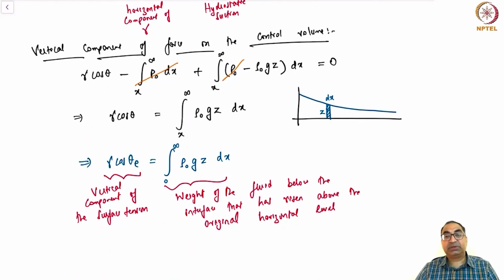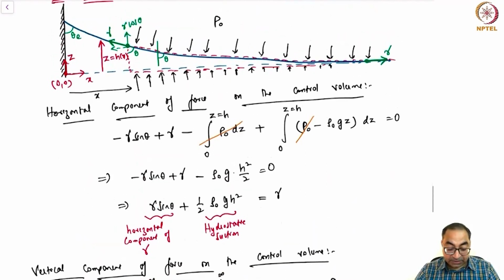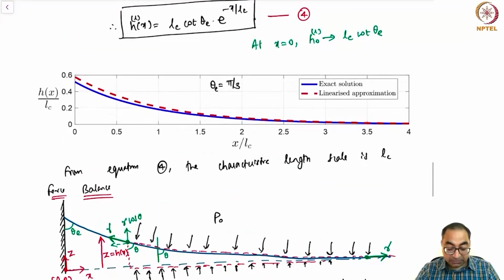It rises simply because the surface tension force is pulling against the weight of the fluid. So of course there's a limit to how much fluid can rise, and the fluid would rise a few capillary lengths.